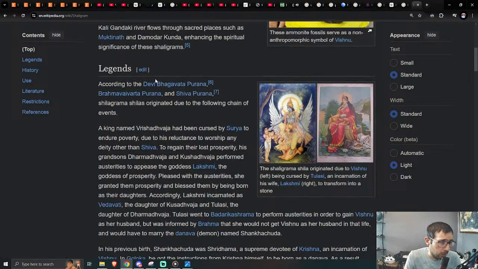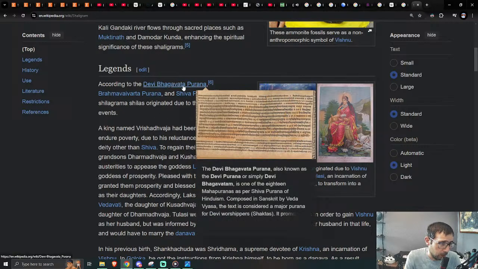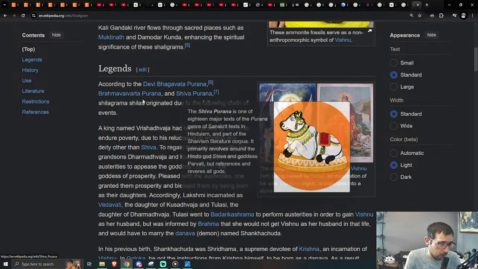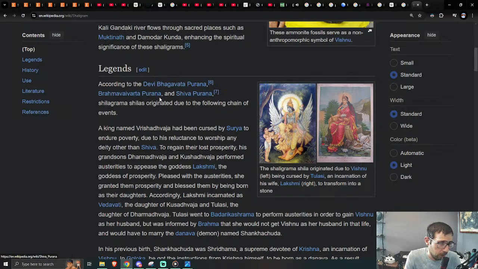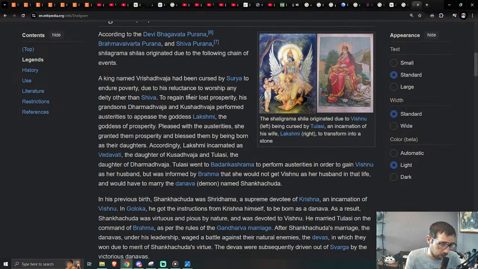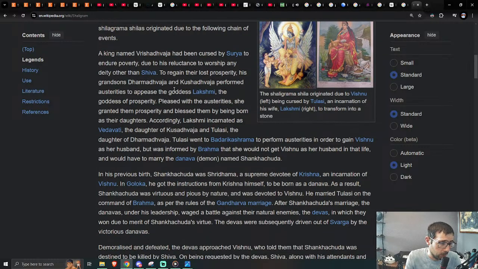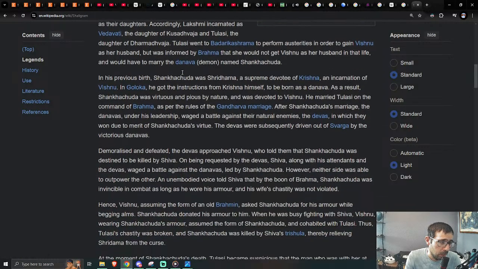In terms of this legend that is in Wikipedia, it is what it is. The king's name is generally based off of these piranhas, and I've heard the story elsewhere. It generally is the same. There are some different names that I'm not sure what to make of, but the king was cursed. Blah blah blah. Okay.